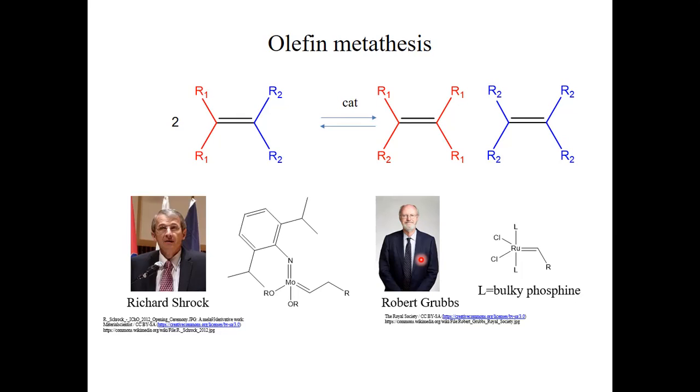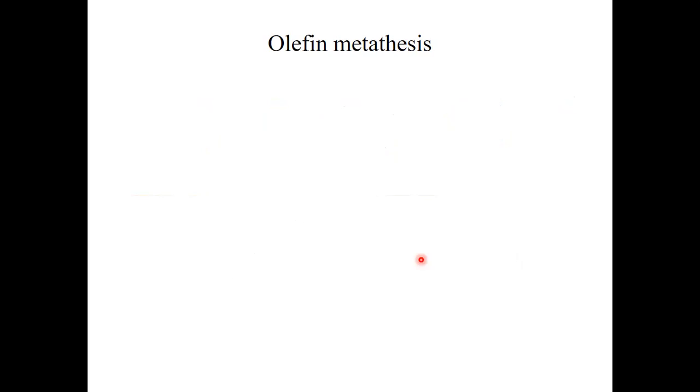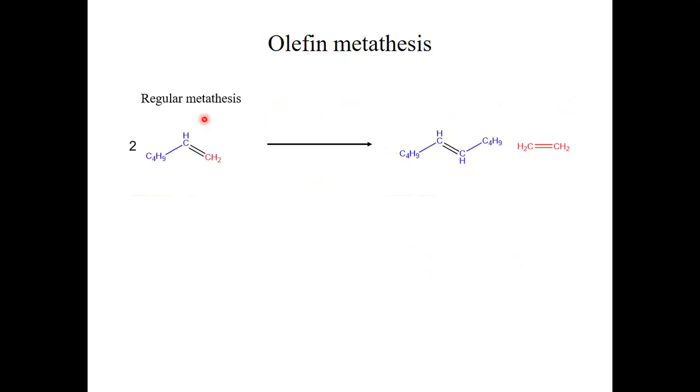Okay, so now what is the scope of olefin metathesis? Let us discuss that now. A very common reaction is what is called regular metathesis with terminal alkenes. So the carbon-carbon double bond is at the terminal end of the molecule.